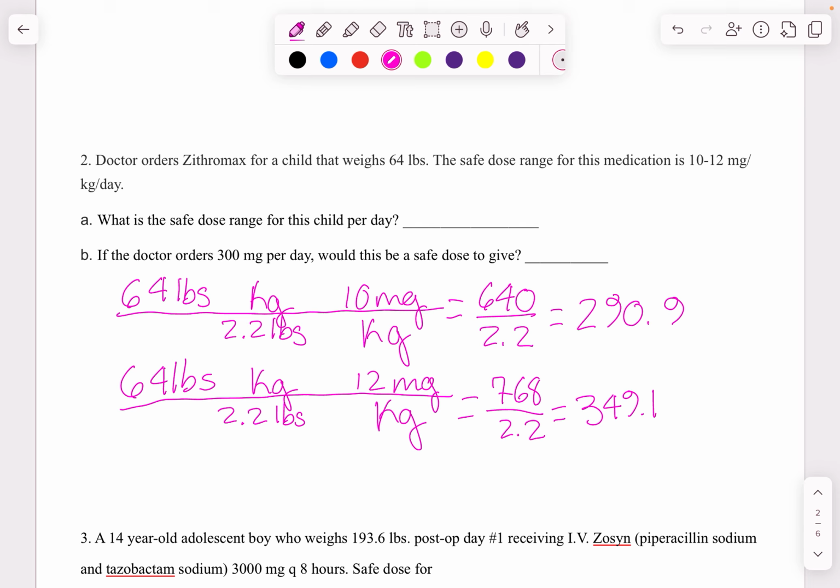So that is our range right there, 290.9 to 349.1 milligrams. So if the doctor orders 300 milligrams per day, would this be a safe dose to give? Well, if we can give 290 to almost 350 and it's safe, then yes, that is a safe dose.